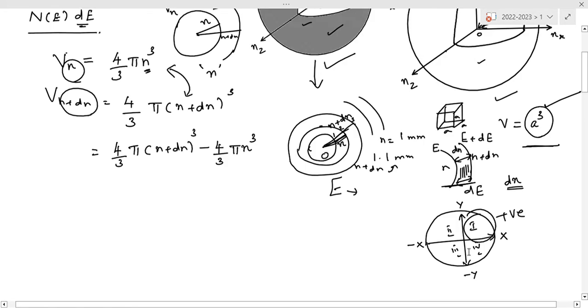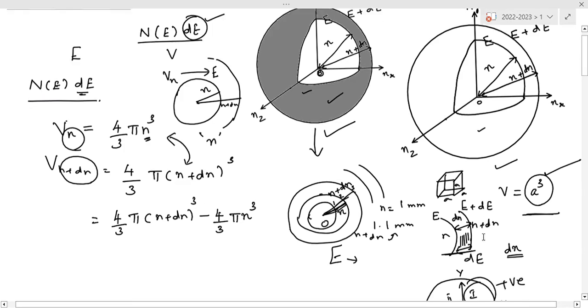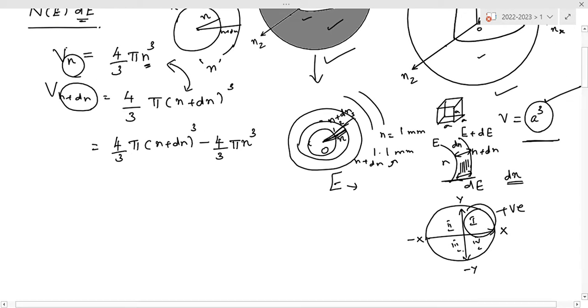In this diagram, there are three coordinates, a three-dimensional sphere, nx, ny, nz. Therefore, we consider that the positive integers of nx, ny and nz will be in one octant of the sphere.